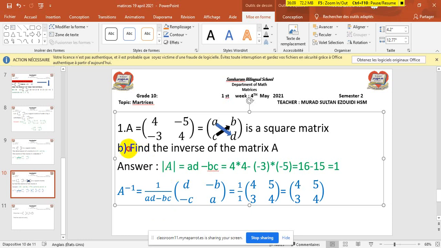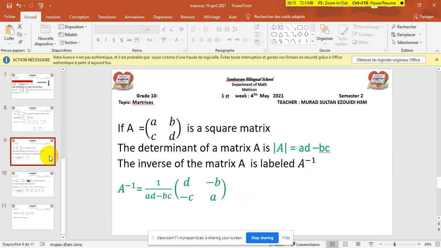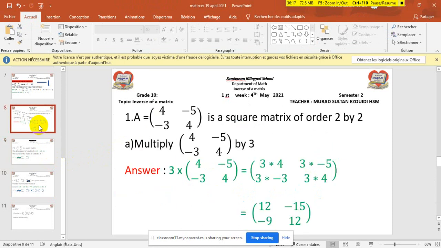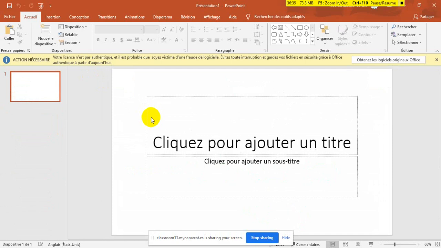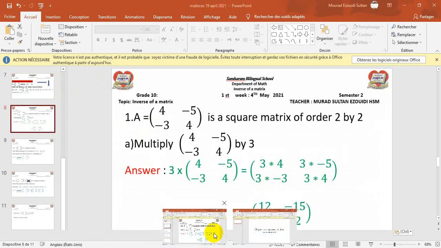So I will just now give you a homework. Where is it? This one. Okay. I will give you now a homework and you will try to do it. Okay, I will just change this one. Copy. I will give you now a homework, my daughters, dealing with what we saw exactly.